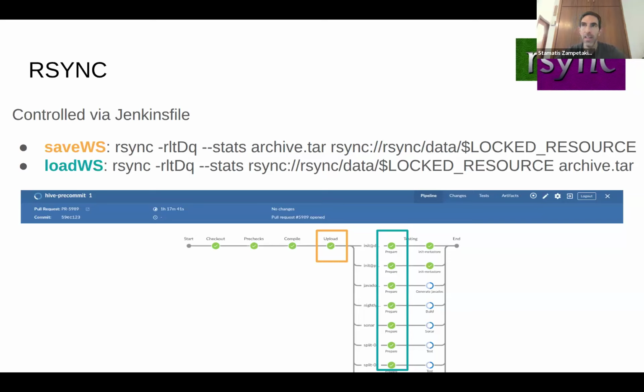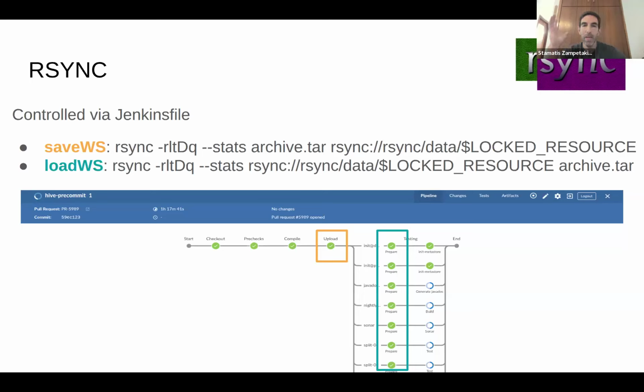So the Rsync is a utility that uses its own protocol. And it's basically a way to efficiently transfer files. In this case, we want to transfer all the jar files that are in the Maven local repository that will build during the compilation phase, and also all the jars that were built, the Hive jars.